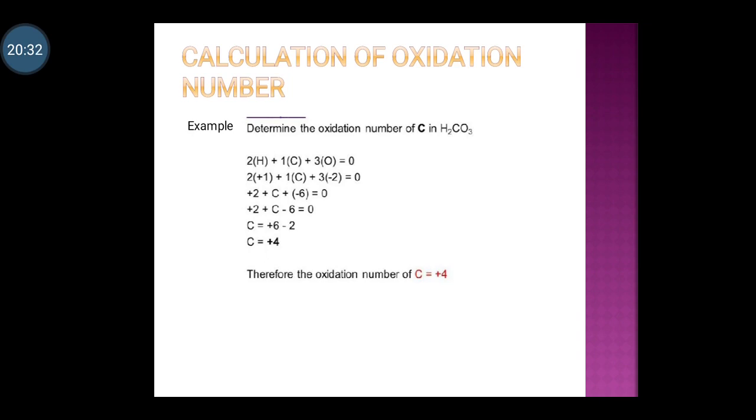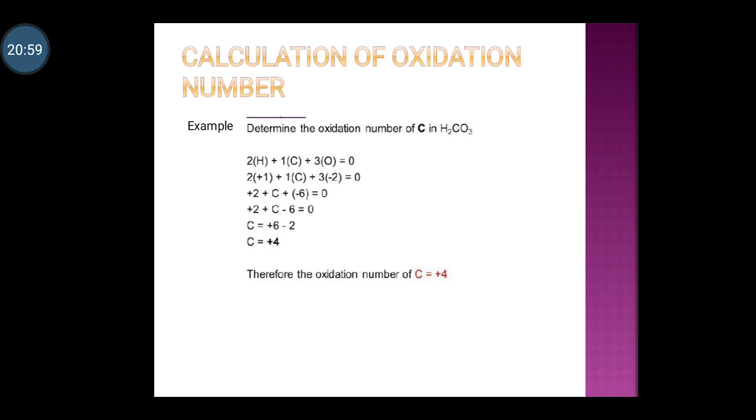Move 6 over to the other side, so the minus becomes positive, plus 6. Then the plus 2 moves to the other side and becomes minus 2. So 6 minus 2 will give us 4. Therefore, the oxidation number of C is plus 4. That's how you get it for any compound or molecule.